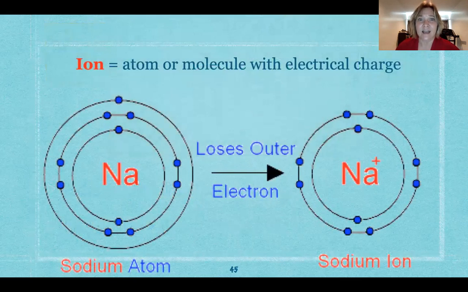An ion is an atom or a molecule that has a charge, whether positive or negative. You can see from this diagram, sodium loses its outer electron, which is this one here, so it goes from having 3 levels down to 2. This is a sodium ion because it has a charge.